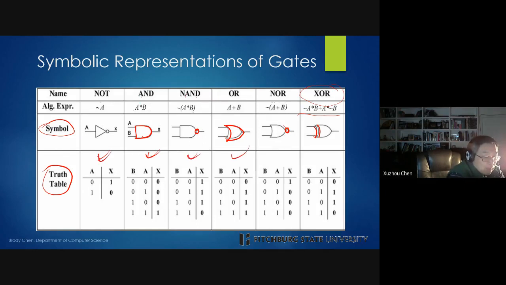And these three are kind of new to us. NAND and the NOR gate are very straightforward, since they're just a negation of the AND gate and a negation of the OR gate.